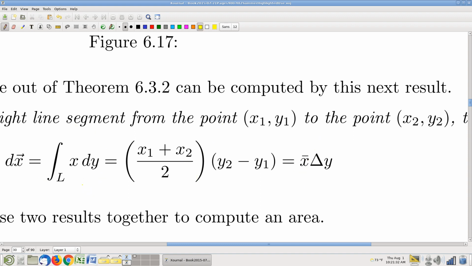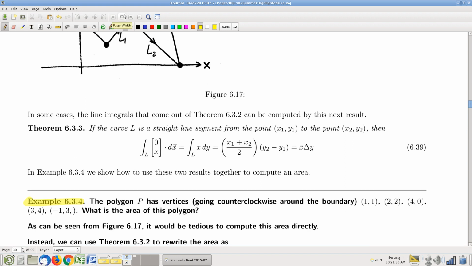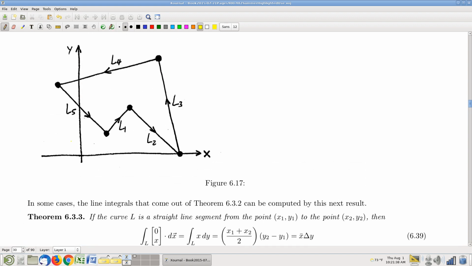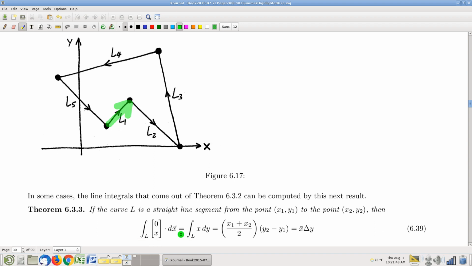But the application of this is fantastic. I need to compute, keep in mind, a line integral over this boundary that has 5 pieces, but each piece is a line segment on which I can use that formula.